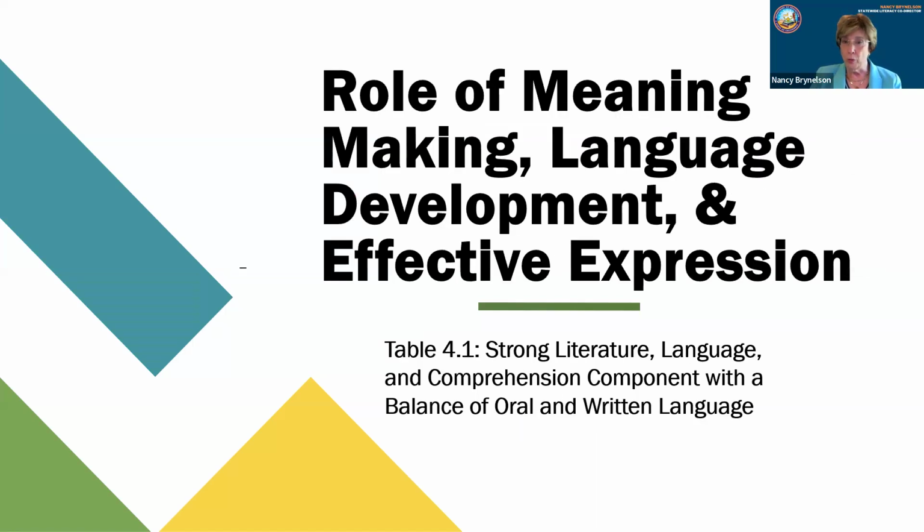Today, we're going to take a look at 2 additional areas. First of all, Table 4.1 for the strong literature, language, and comprehension component with a balance of oral and written language. Really, that is a focus on the role of meaning making, language development, and effective expression. Those 3 themes are from the English Language Arts English Language Development Framework.